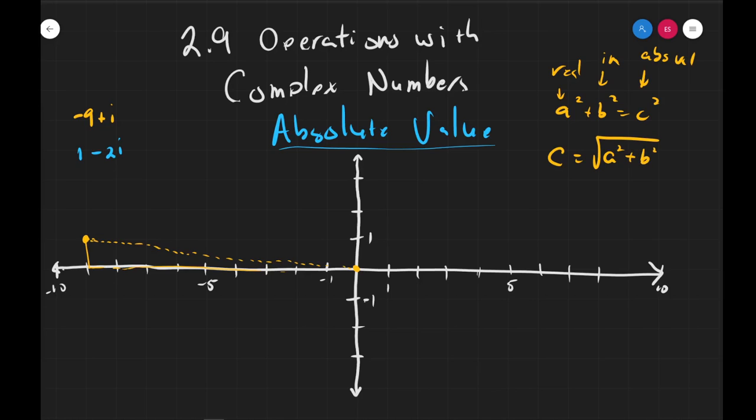So in this case, we take negative 9 and 1. We take negative 9 squared plus 1 squared, and take the square root of that to get our absolute value.